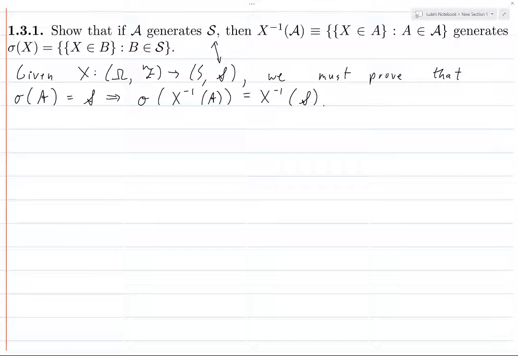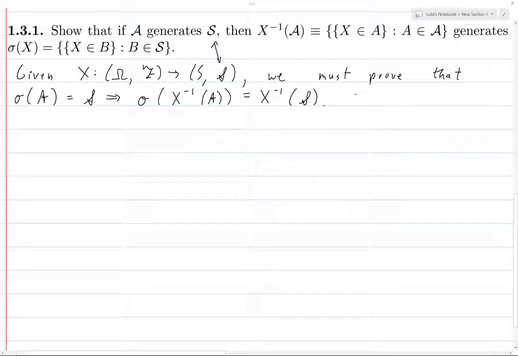X inverse of S tells you we have a function X and a collection S that we're pulling back under this map X. Whereas if you're just given sigma of X, you're not told what the collection S is. So I think this notation gives you a little more information. Anyways, this is what we're trying to prove. These are two sets, and we want to prove that they're equal, so we're going to prove by inclusion.